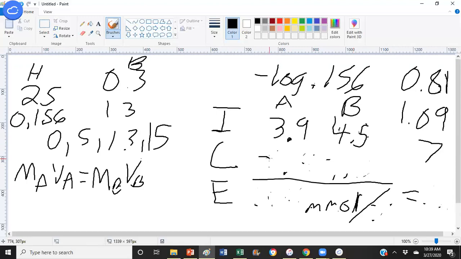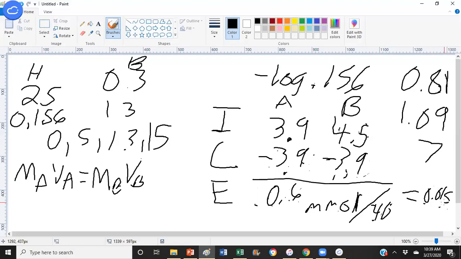When we subtract out the lowest number, 4.5 minus 3.9, we have 0.6 millimoles of base. 0.6 millimoles of base divided by 25 plus 15, our new total volume, which is 40. So 0.6 divided by 40 is 0.015.